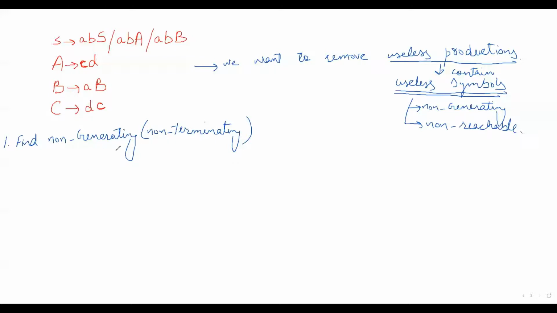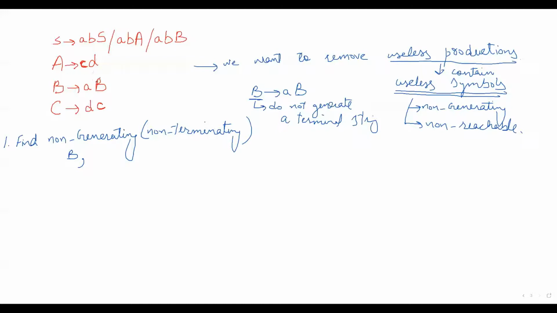For example, B is non-generating, because there is a production where B gives AB, and there is no other production that involves B. That means B does not generate a terminal string. So B is non-generating.